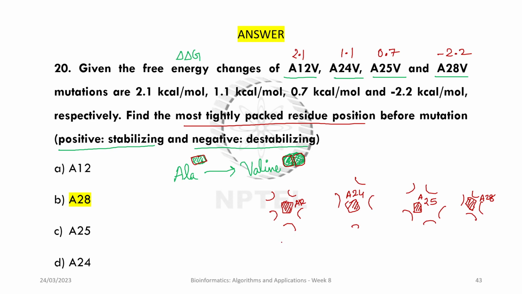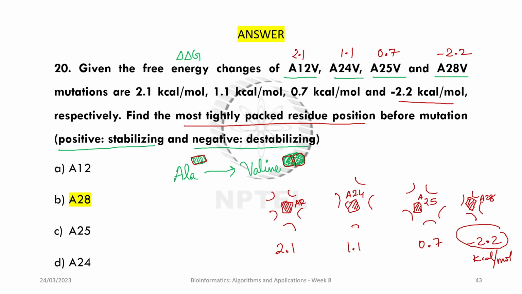So in these cases you have 2.1, 1.1, 0.7, and minus 2.2 kilocalories per mole. What is the problem with this case? You have a negative value because there is already tight packing.